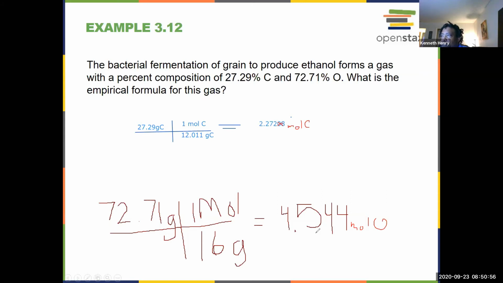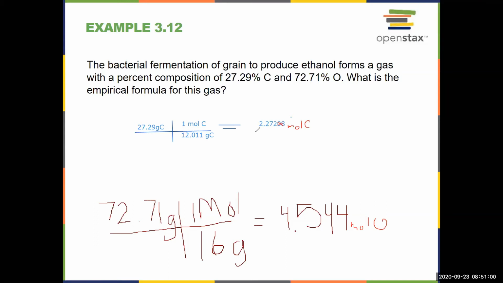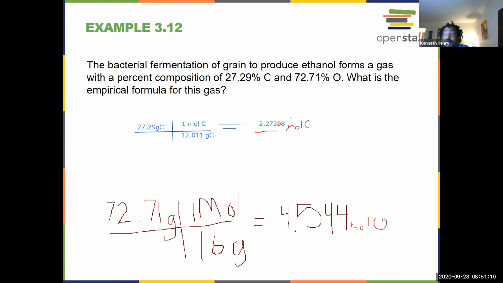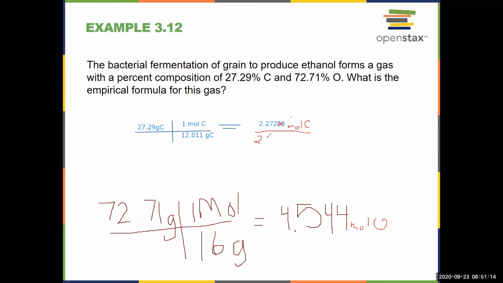Okay, so which one am I dividing by? 4.54? Is that the smallest number? Oh no, that's not the smallest. The smallest is 2.272. So we're going to divide by the smallest, right? Yes, divided by the smallest. And then you would do the same thing in the bottom.